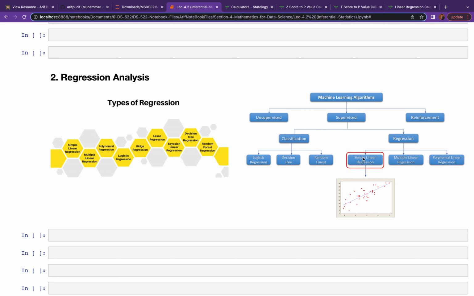The commonly used algorithms that fall in this category are simple linear regression, multiple linear regression, and polynomial linear regression. My dear students, we will, inshallah, cover most of these algorithms with hands-on practice using Python in our machine learning module. However, to give you a flavor of that module, let me just touch upon the most basic and fundamental model of machine learning, that is simple linear regression.